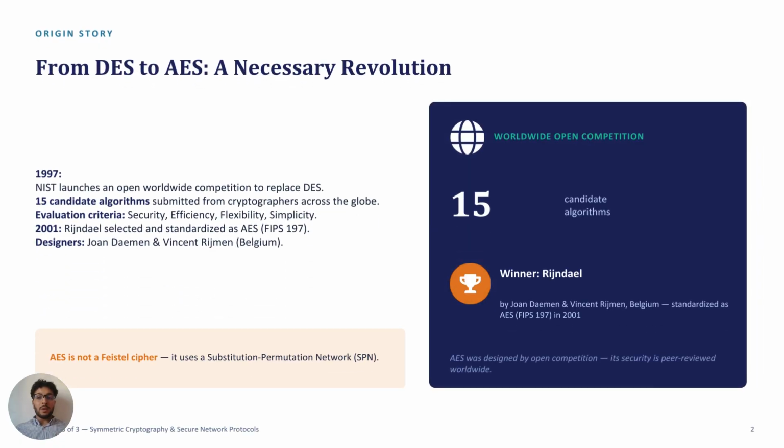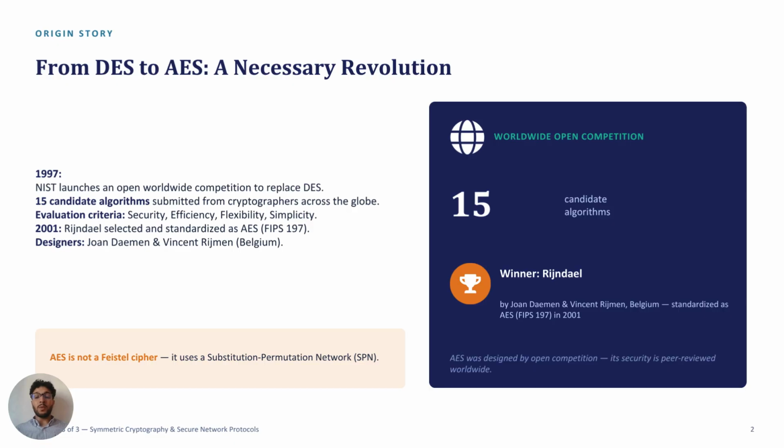After the DES inadequacy became clear, NIST didn't simply extend the key length. In 1997, they launched a worldwide open competition and invited cryptographers to submit candidate algorithms to be publicly analyzed. Over 3 years, 15 algorithms were evaluated for security, performance and flexibility.